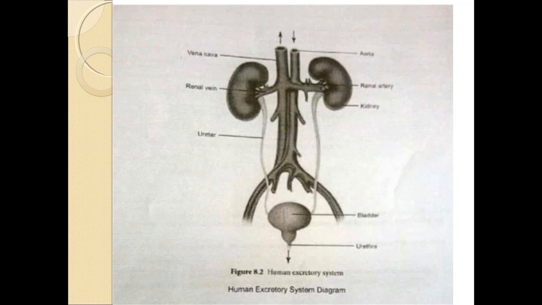Then ureters, thin muscular tubes, you can see here, come out of each kidney. Ureters, muscular thin tubes coming out of each kidney, extending from the renal pelvis, will carry the urine from the kidneys to the urinary bladder.